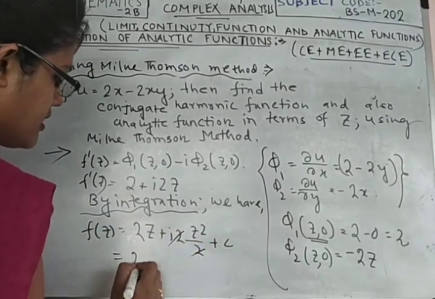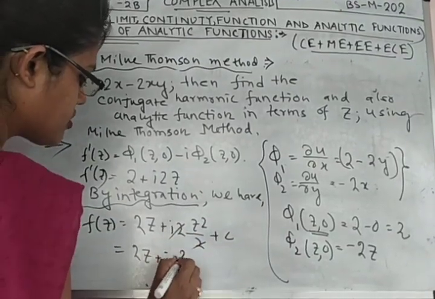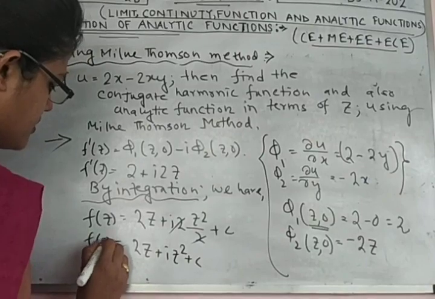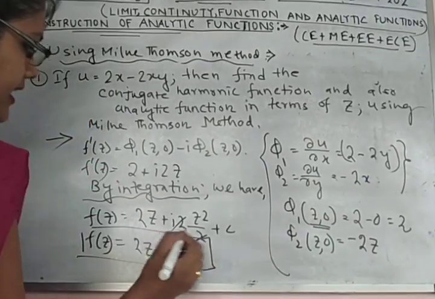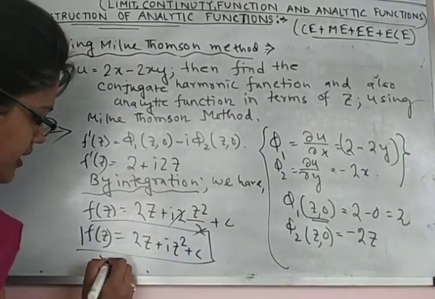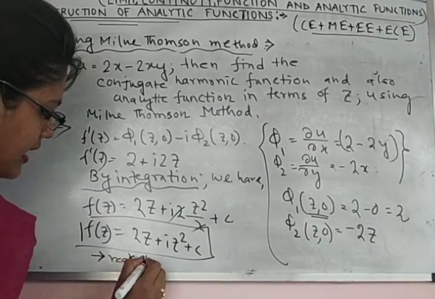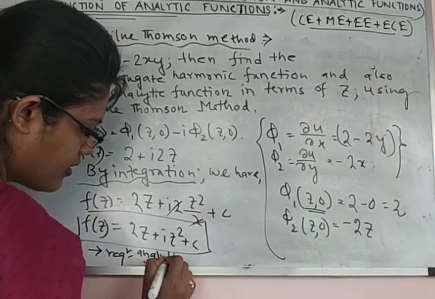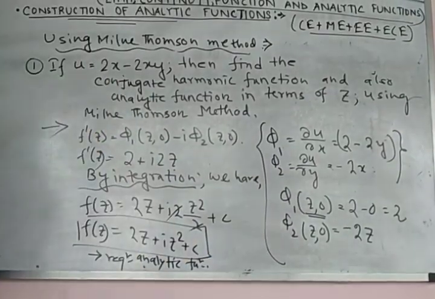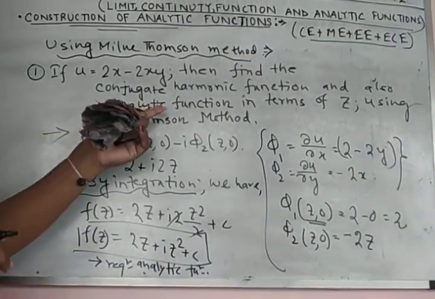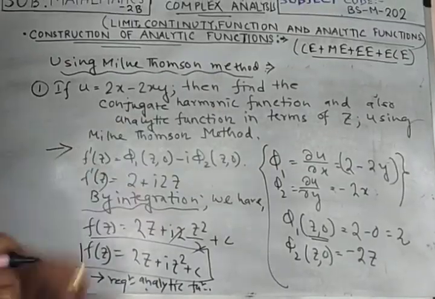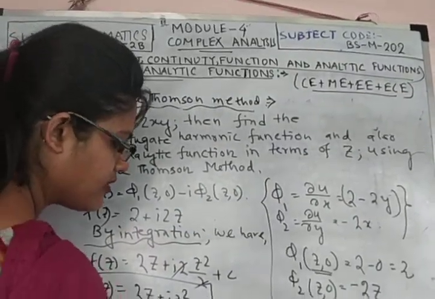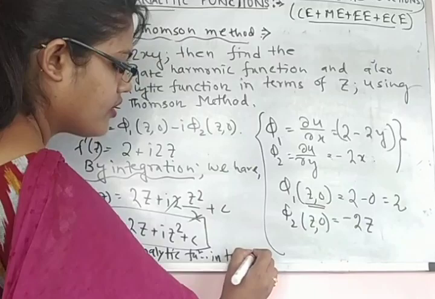The 2s cancel. This is 2z plus i z squared plus c. This is our f(z), and this is the required analytic function in terms of z.